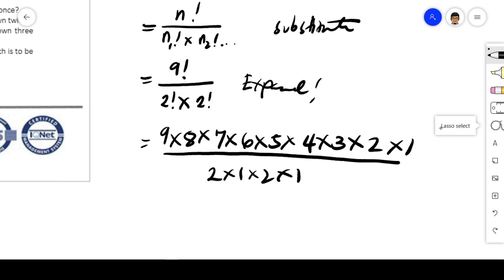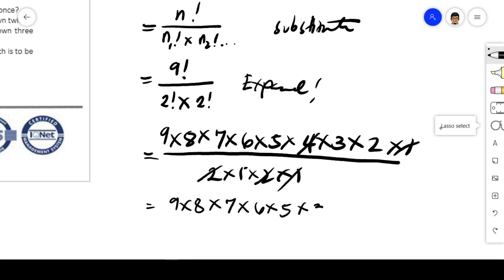After that, you have to cancel out. 2 times 2 is 4, correct? So cancel out 4. And 1 is just useless, so cancel 1. Now next, you have to multiply 9 times 8 times 7 times 6 times 5 times 3 times 2. Let me compute it in my calculator. 9 times 8 times 7 times 6 times 5 times 3 times 2 is equal to 90,720.